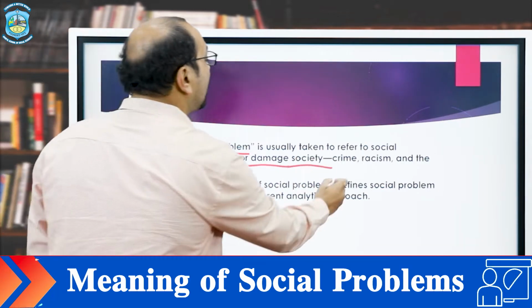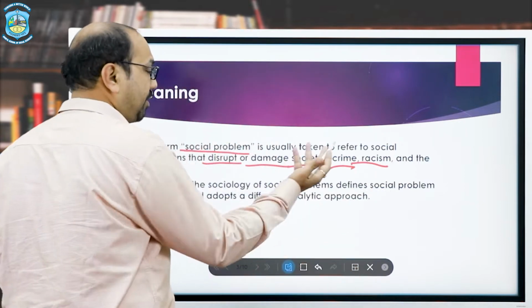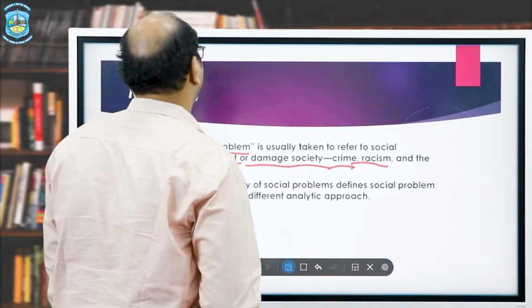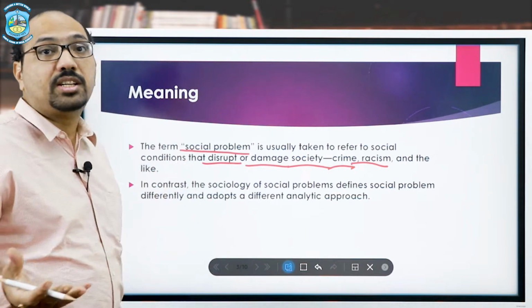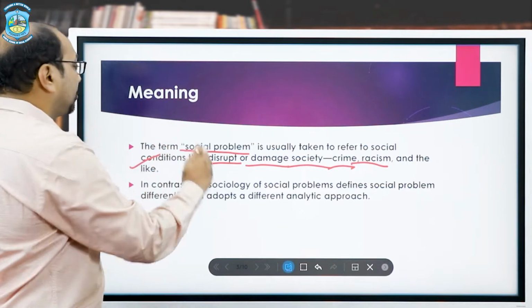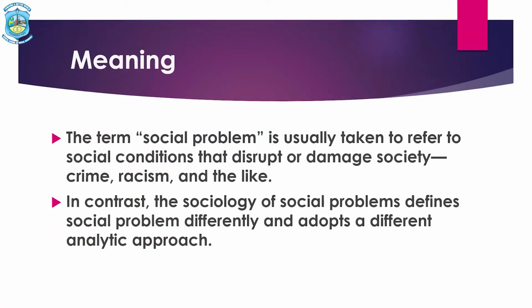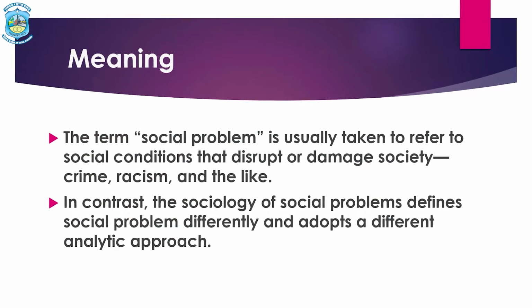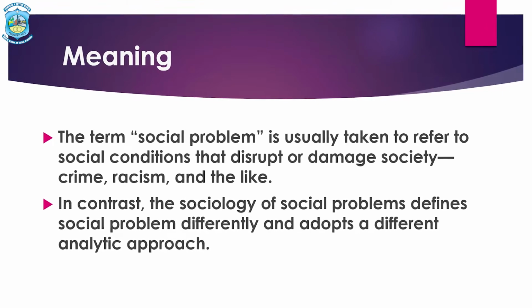That is, a crime or some kind of social situation like racism and all. In the Western context it is racism, and in the Indian context, it could be casteism, some kind of oppression of backward sections, etc. So, whenever there is a social situation which has a potential to damage the other sections of a society, that particular situation can be termed as social problem.